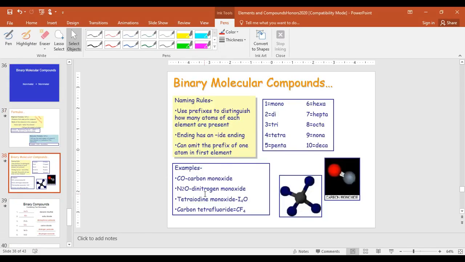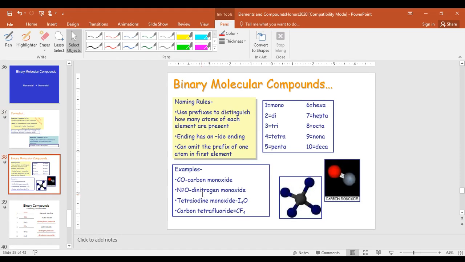So I'm going to write that on here. So second element always has a prefix.